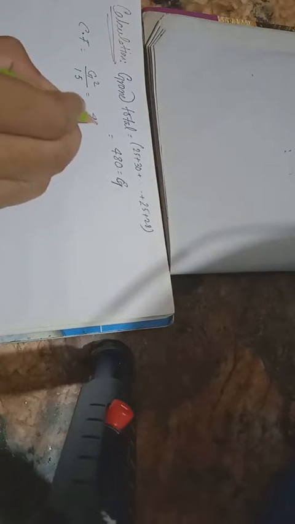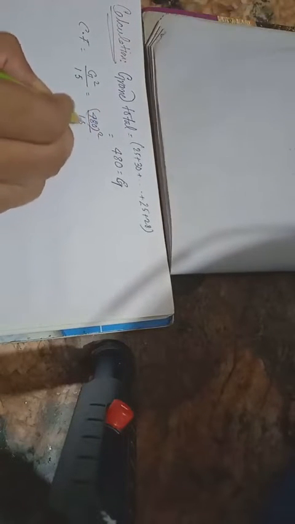Then the correction factor is G squared divided by 15. We have totally 15 observations here. That gives us 15,360.